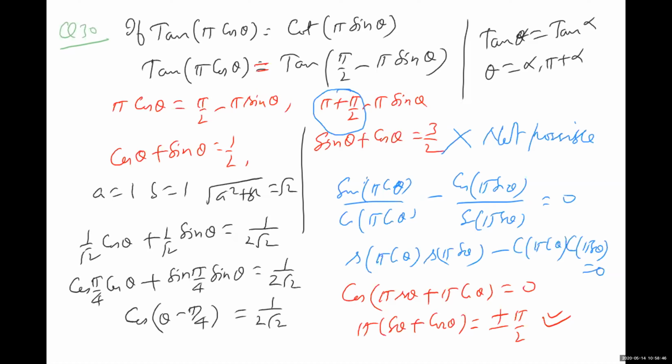So then you will have from this step, you can solve. So sin theta plus cos theta is equal to plus minus 1 upon 2. Then here you will get plus minus 1 upon 2 will also come. Then plus minus sign will come.